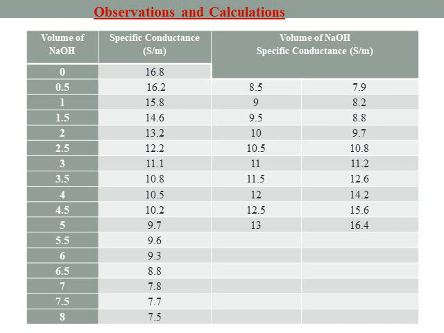Later there is a little increase in the conductance value, and the values incrementally increase after a certain addition of NaOH. This incremental increase is due to the dissociation of acetic acid in the acid mixture.